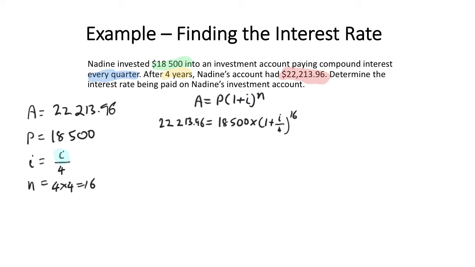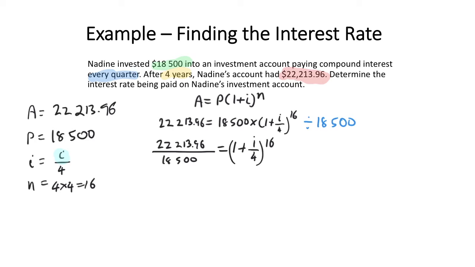So I'm going to start off with my first movement, and that's going to be to remove 18,500. Because at the moment I'm multiplying it by 18,500, the opposite is going to be divide by 18,500. So I want to divide both sides by 18,500. So that means that 22,213.96 divided by 18,500 is going to equal (1 + I/4)^16.